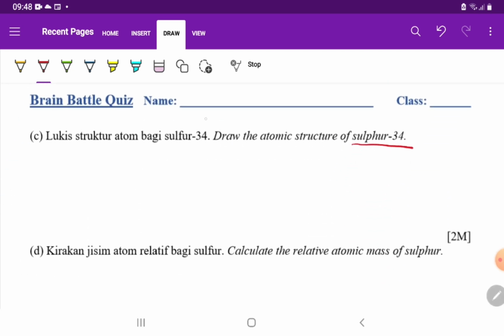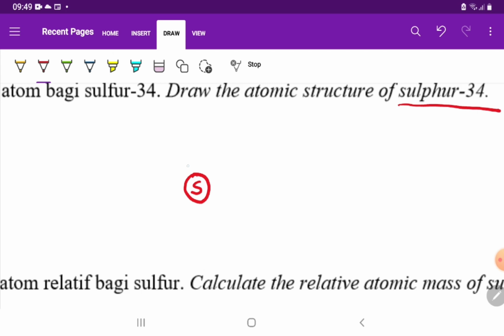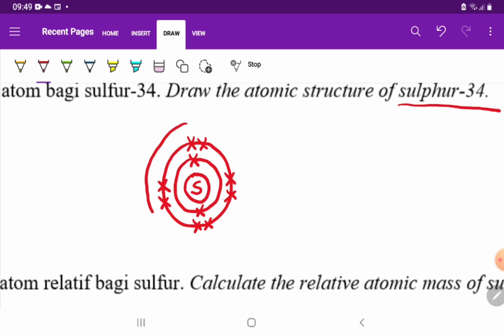So 16 electrons. How do we arrange the electron arrangement? First shell put in 2, then 8 maximum, then the remaining 6. So it will be 2.8.6. Here is sulfur, S. This is the nucleus, then shell 1 has 2, shell 2 has 8, then 6.